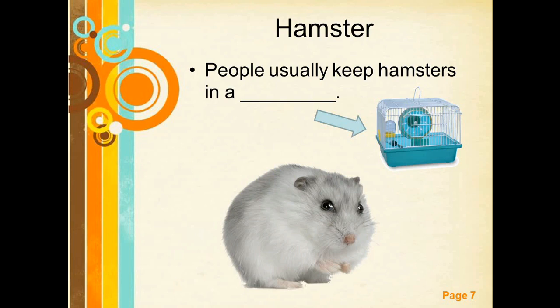And you can't let them run around your house, so people usually keep hamsters in a cage. A cage. You can see the bars on the cage, and there is a wheel for the hamster to run in, a water bottle, and there's probably a food bowl there as well. The hamster lives in a cage.